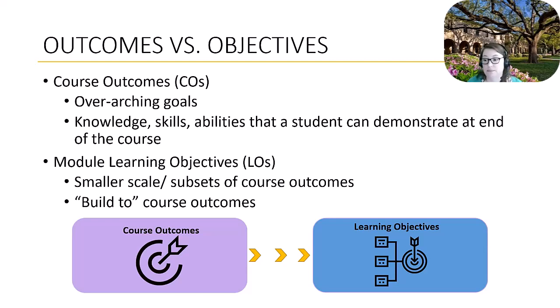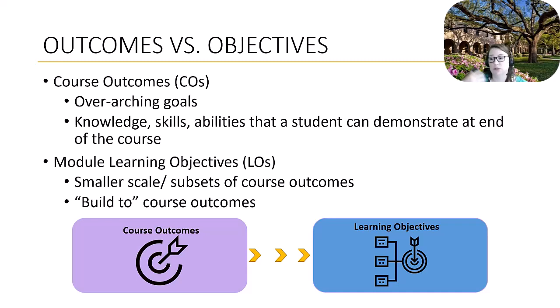For example, if you go back to that poly course, if we had a course outcome that was "discuss the change in the social climate over time and the impact on today's political environment," and you consider that very critical for the course, then this outcome is likely to be repeated and reinforced in multiple modules and supported by several learning objectives.